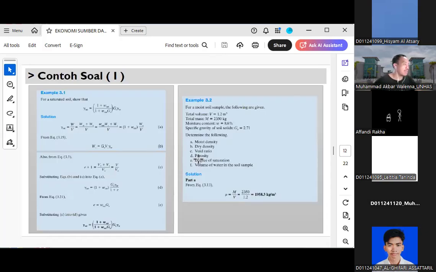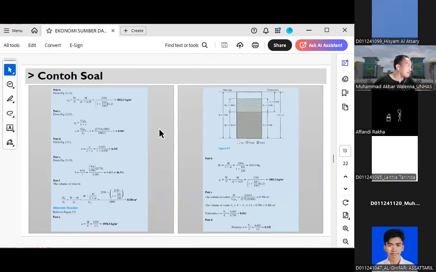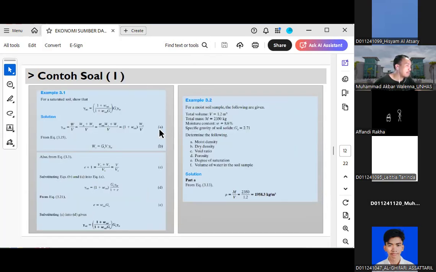We get into the last slide for this lecture. You can see that I have included example 3.2, with a problem and a structured solution for a typical question.